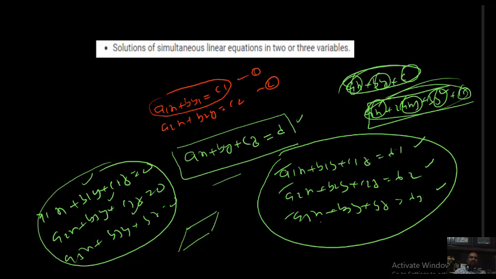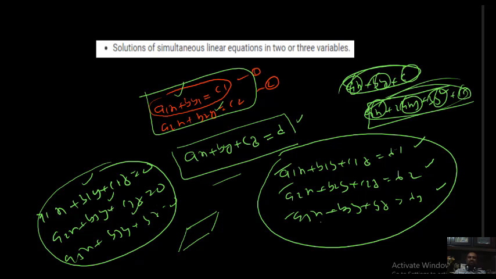Here also, non-homogeneous, no? a1x plus b1y plus c1 equal 0, a2x plus b2y plus c2 equal 0. This line does not pass through the origin, this also does not pass through the origin. Here also d1, d2, d3 not equal to 0 means these all do not pass through the origin of the space.